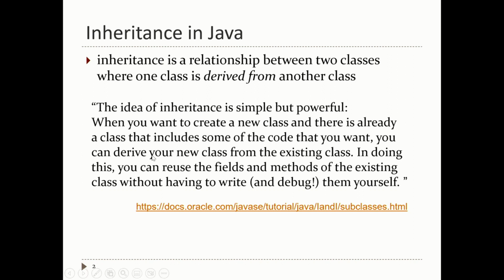You can derive your new class from the existing class, and what that ends up doing is you end up being able to reuse all of the fields and methods of the existing class without having to write and debug them for yourself. So one way to think about inheritance is as a code reuse mechanism.